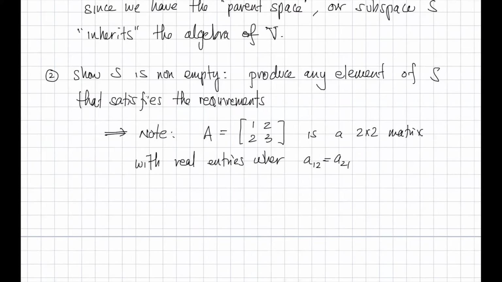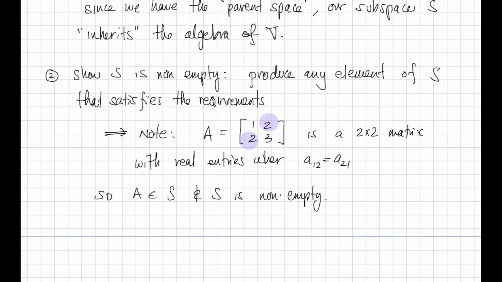That is, it's not just a 2 by 2 matrix, it's a 2 by 2 matrix that has this symmetric property. So A is a member of our set S, and S is non-empty. So I'm not breaking the cardinal rule of trying to show you that the empty set is the space that we're working with, whatever that means to you.